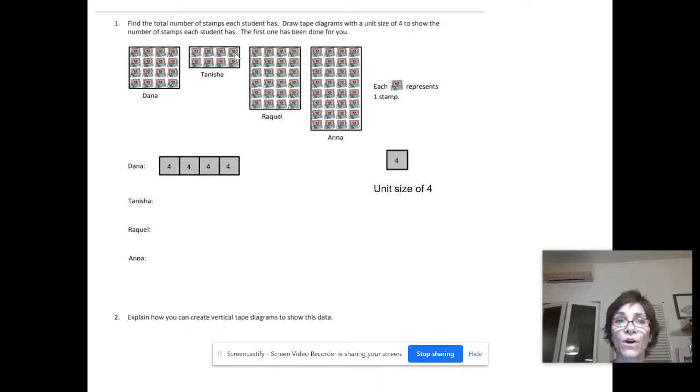I can count by 4s, 4 and 8. All right, I need to draw a tape diagram where each unit has a value of 4. How many units am I going to have in the tape diagram for Tanisha's stamps? Okay, now you can go ahead, pause the video, and figure out how many units will be in Tanisha's tape diagram.